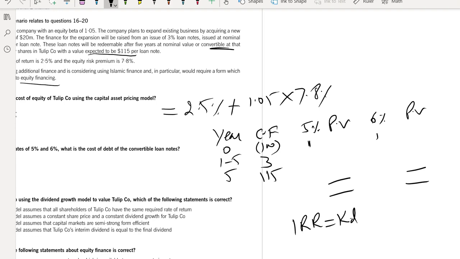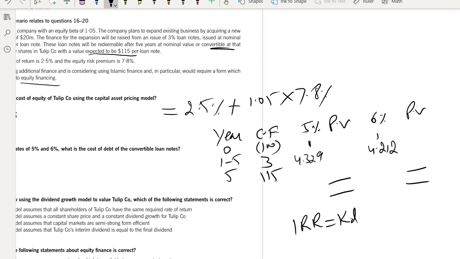Let's put the values here. Let's calculate the annuity factor at 5% and 6%, so these are the annuity factors. And what about the discount factor? At 5% the discount factor is 0.784, and here it is 0.747. This will be equal to 4.329 into 3, that is 12.99.